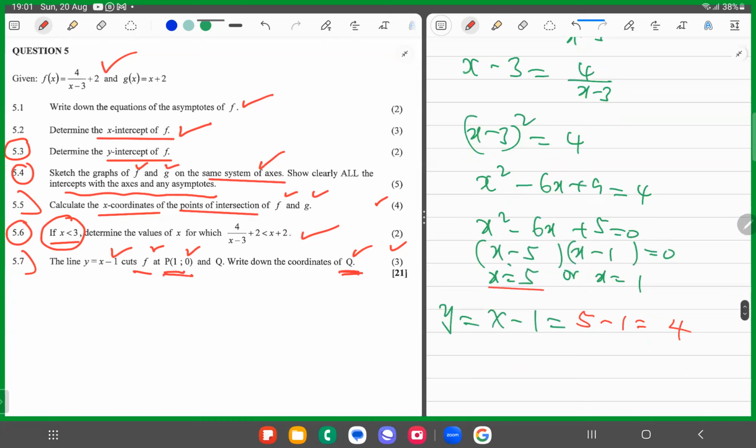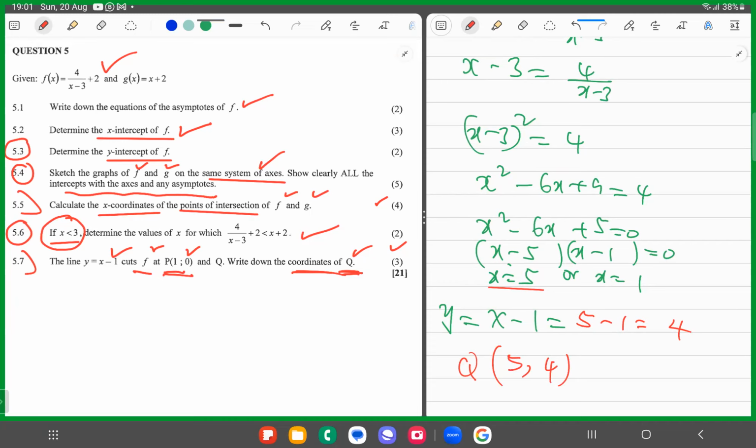This gives us the coordinates of the point Q. So when x is 5, y will be 4.